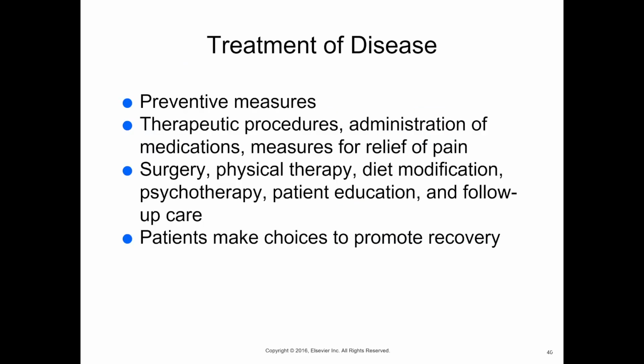So treatment of disease. In reality, treatment should include preventative measures, but a lot of times treatment in Western medicine is aimed at being reactive to something that's already there. A lot of our treatments are actually related to symptom modification and don't actually address the underlying problems, right?